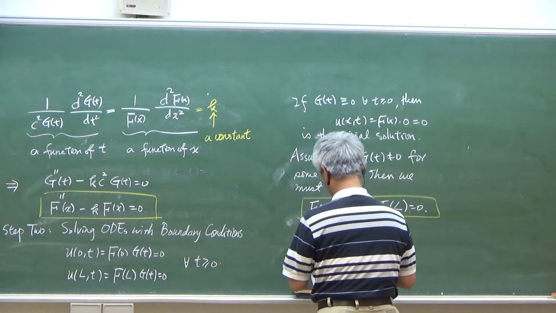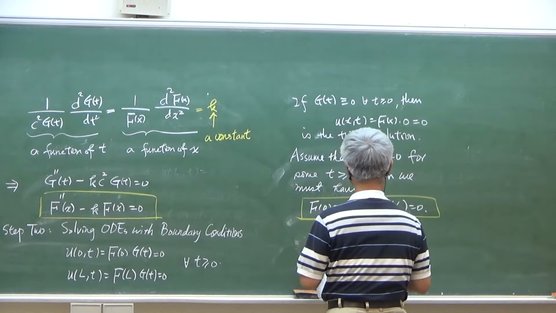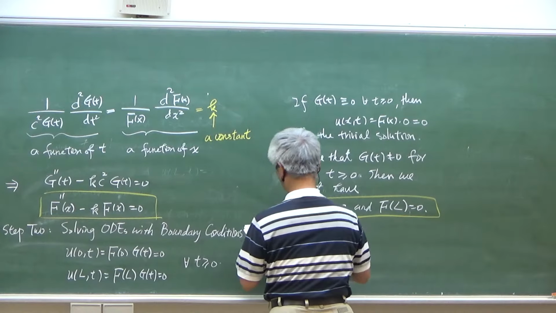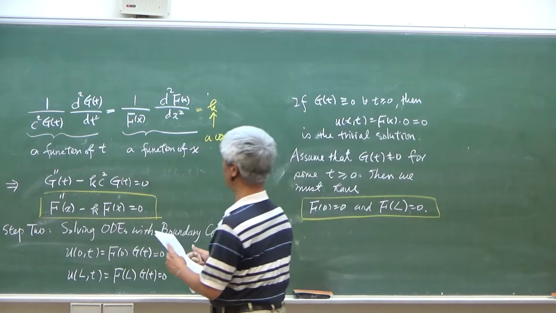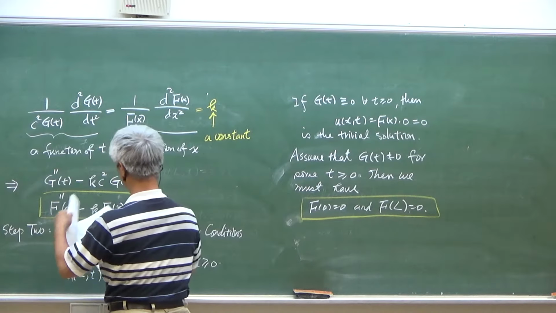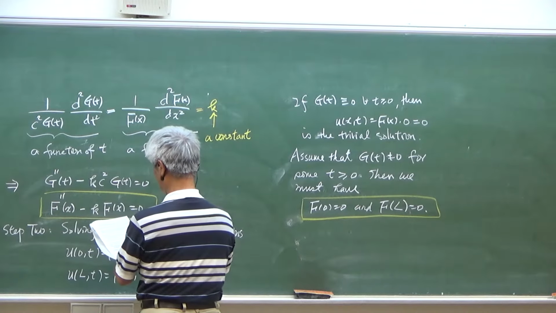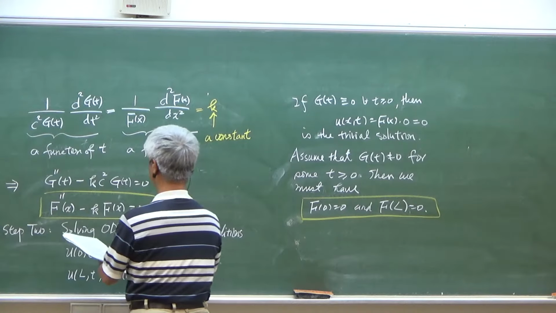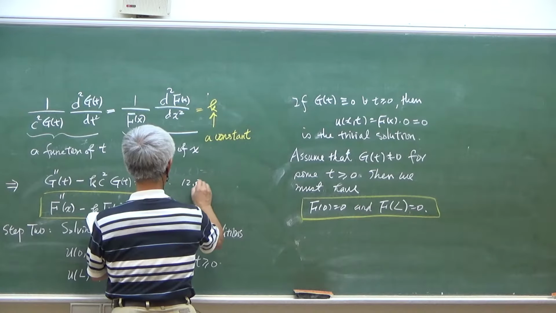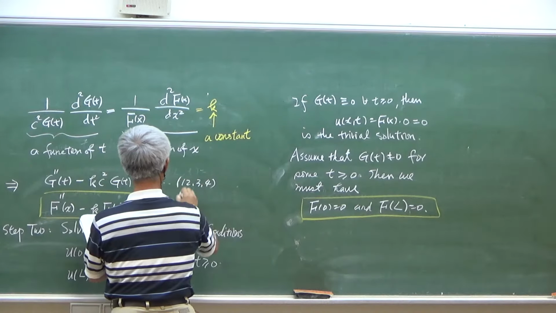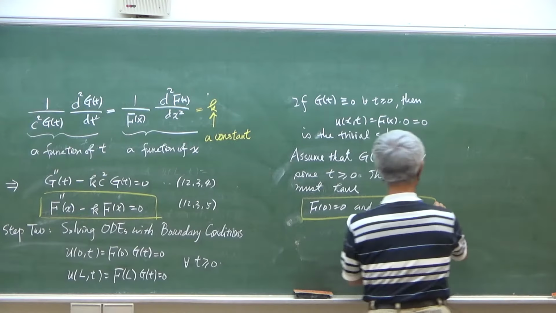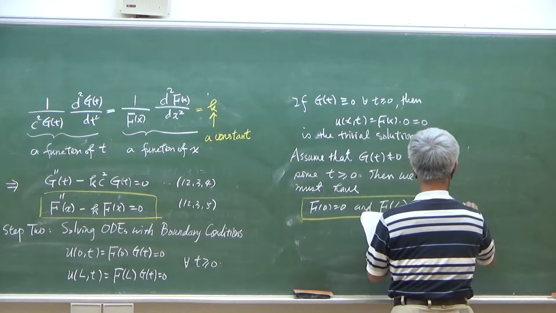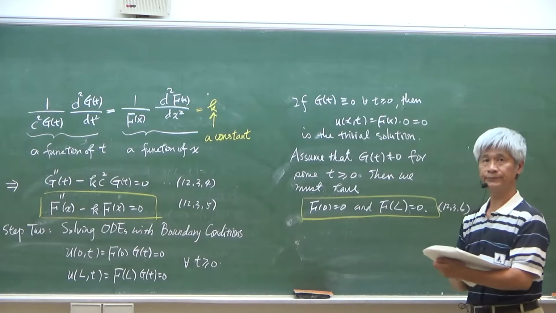So we find that now we have this is 12.3.4, 12.3.5, this is 12.3.6. Okay?